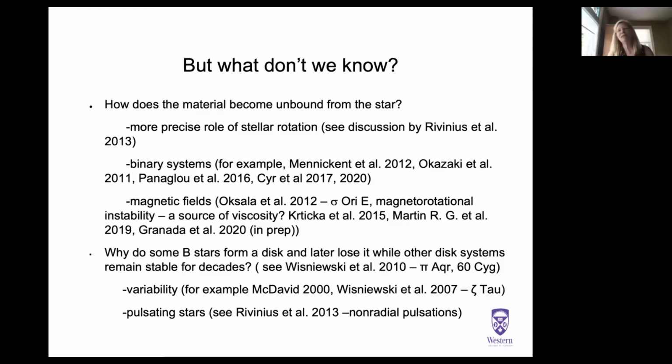Magnetic fields always come up as some way to constrain the disk, and maybe they're providing the source of the viscosity. Of course, the downside to that is, and I think some of Greg Wade's group have shown, that there isn't a classical BE star that has a large-scale ordered magnetic field, which makes this claim a little suspect.